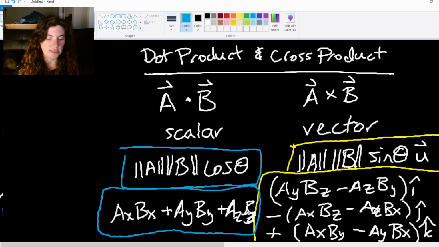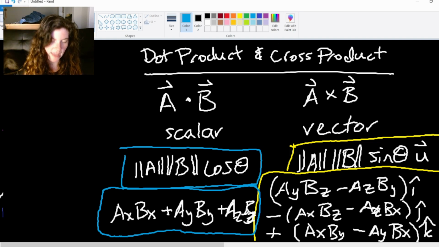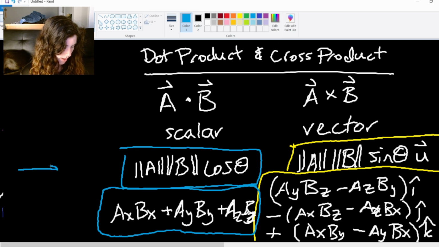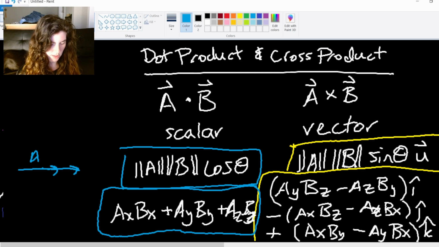The reason for this is because of some of the properties of the dot product. Anytime the angle between the two vectors equals 0, it means we have just two lines on top of each other, right? So if this is A and this is B, it means that their dot product is going to be 1, because they lie entirely on top of each other.